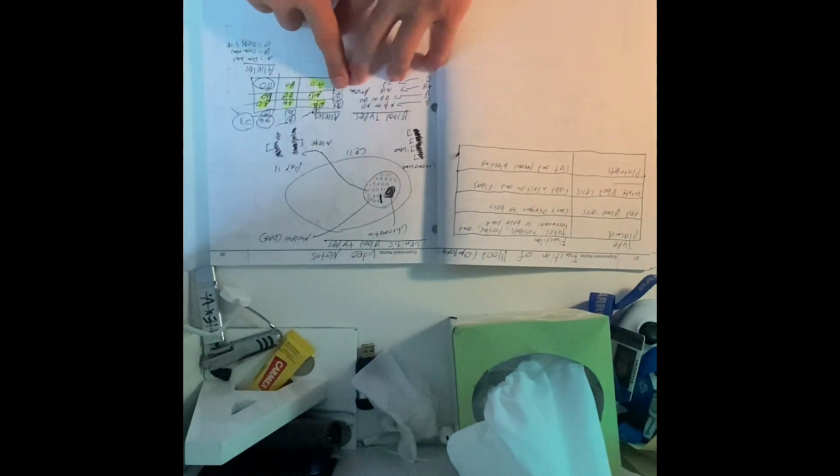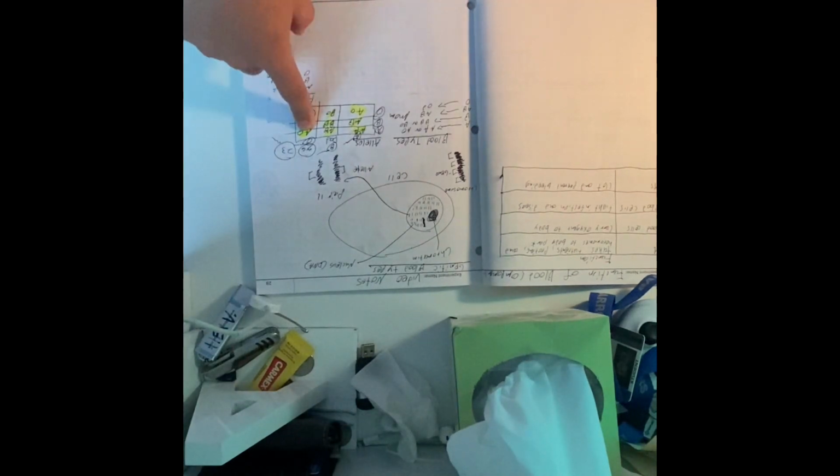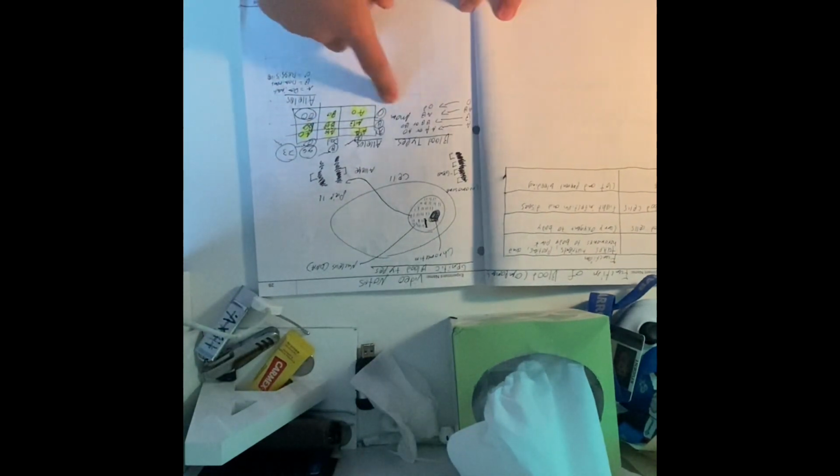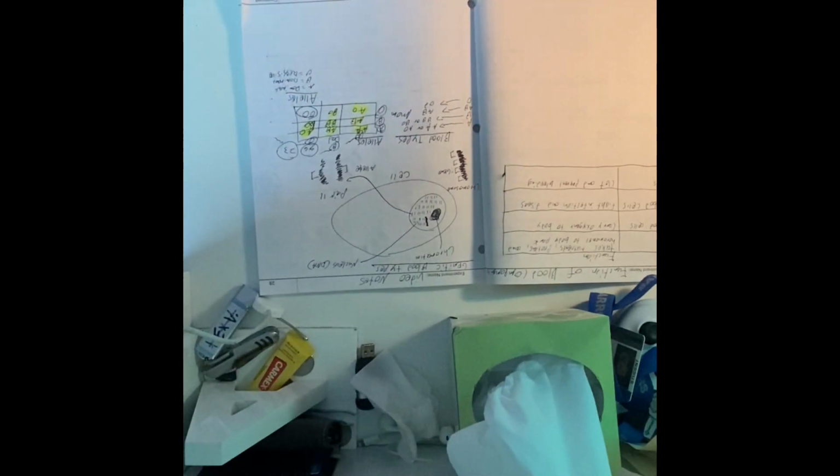If A and A are matched up, then the blood type will be A. If A and B are matched up, they're both dominant, so it would be an AB blood type. If B and B were matched up, then it would be a BB blood type. However, if A and O were matched up, then it would be A because the A is dominant over the O. If it is O and O, neither of them are dominant, so it will be an OO blood type.